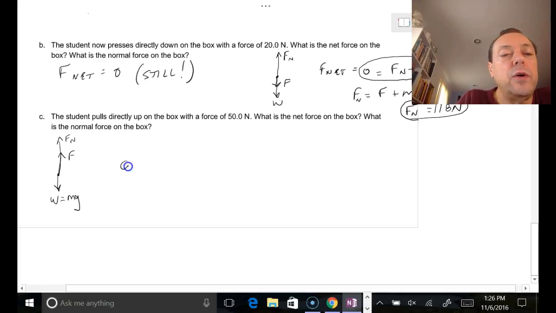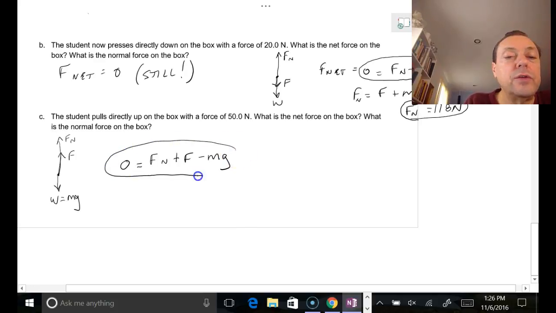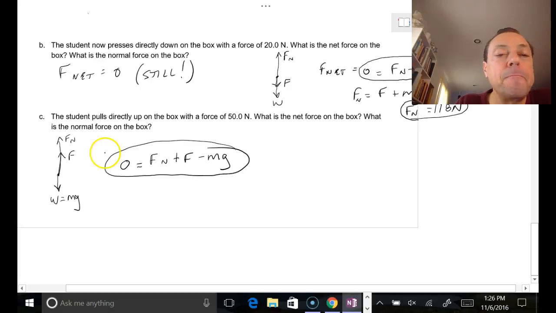So if I add up all the forces, normal force is headed upward, applied force is headed upward, and weight is headed downward, as weight will always do. So there's our equation for something in equilibrium.